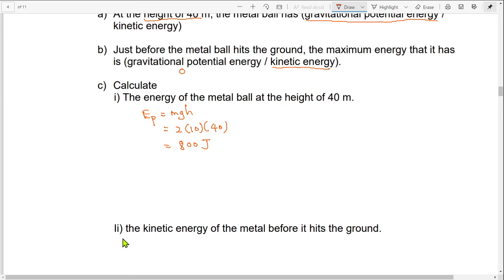Okay, C2. Calculate the kinetic energy of the metal ball before it hits the ground. Remember the principle of conservation of energy.